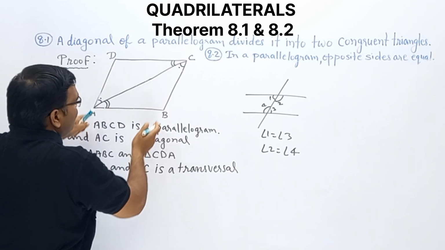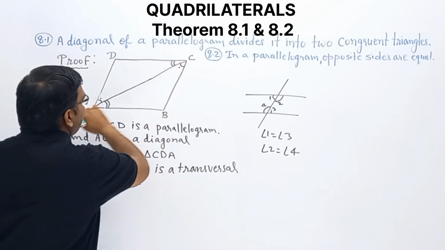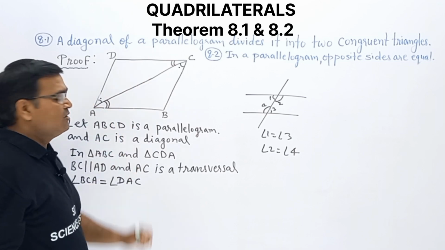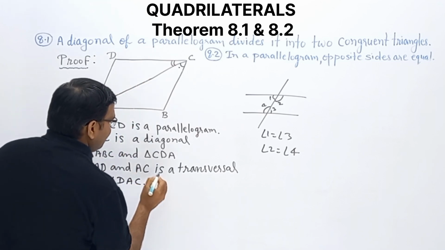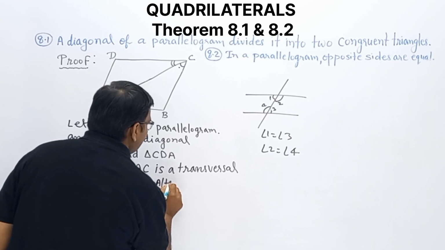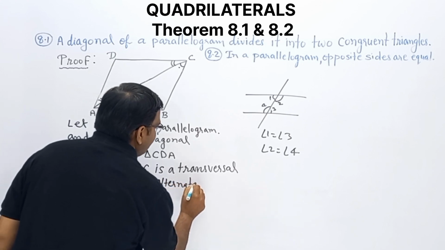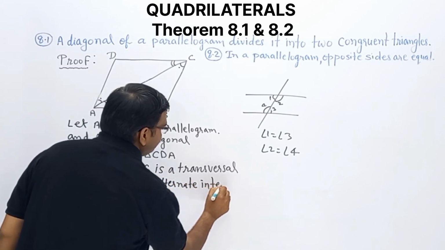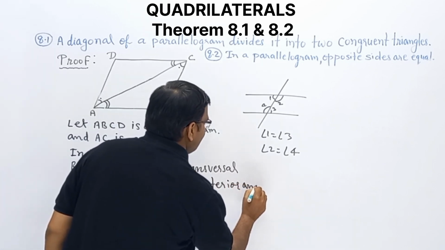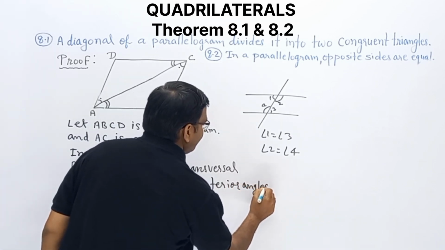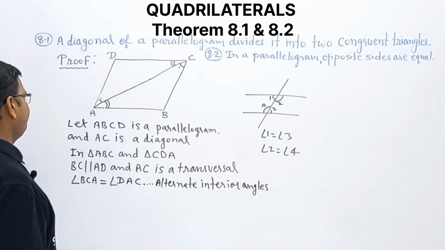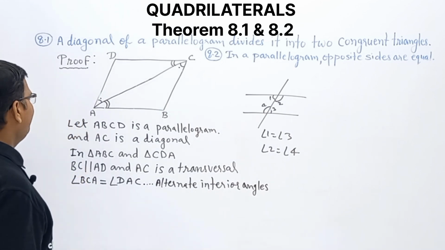Once we take these two lines as parallel and AC as the transversal, then this angle will be equal to this one. We studied this already. These two are what? Alternate interior angles. Alternate interior angles. Now clear this one?